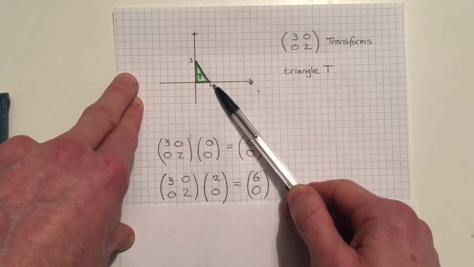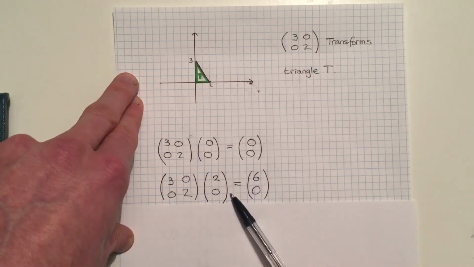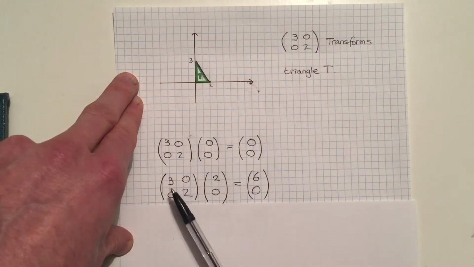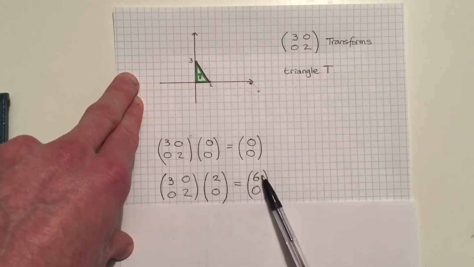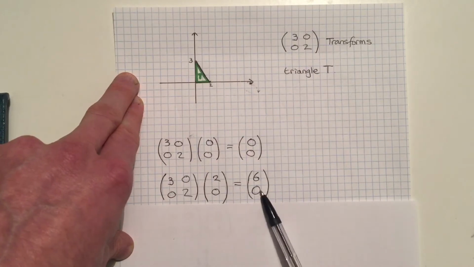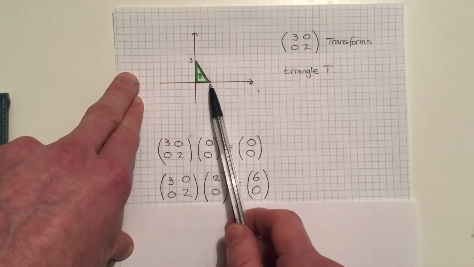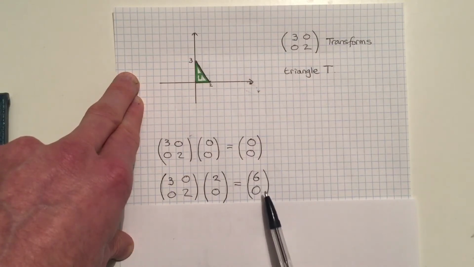The vertex here, the coordinate 2, 0, when I multiply that by the matrix 3, 0, 0, 2, I get 3 times 2 plus 0 times 0, which is 6, and 0 times 2 plus 2 times 0, which is 0. So this coordinate 2, 0 gets mapped to the new coordinate 6, 0.